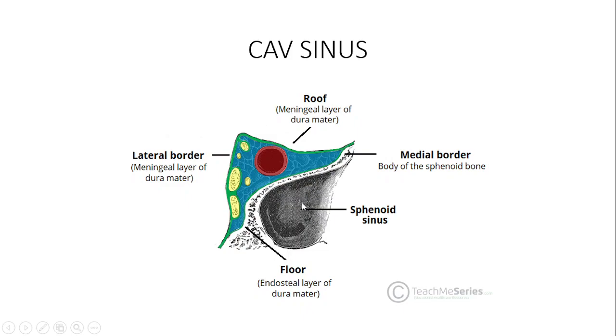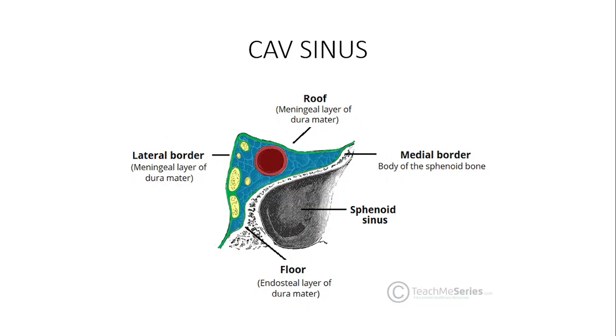The cavernous sinus is important to know about because the structures it contains are of so much importance in ophthalmological practice. Just before I forget, the anterior border of the cavernous sinus is at the level of the superior orbital fissure.